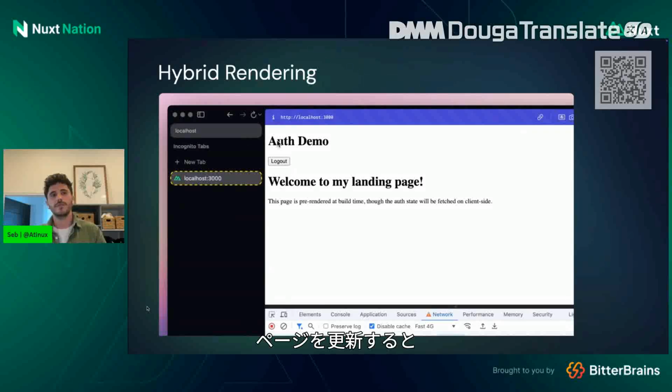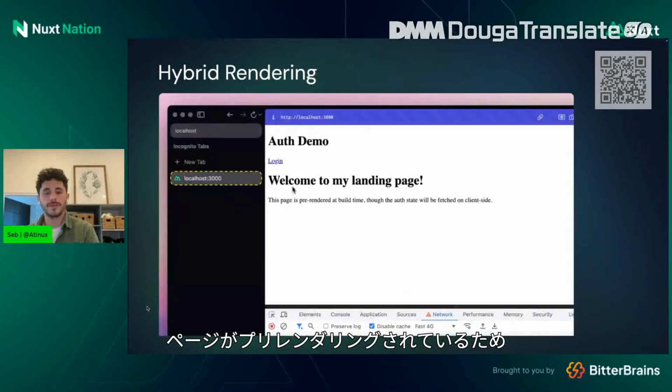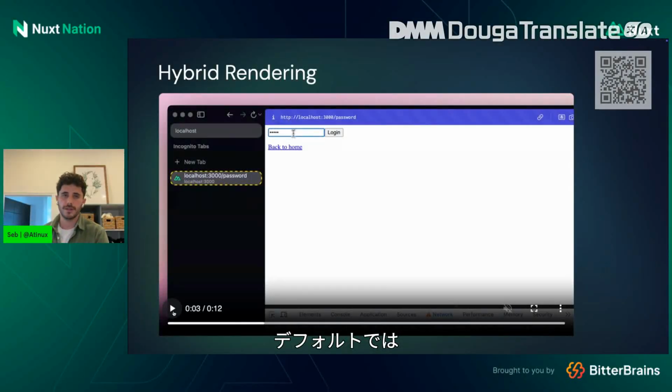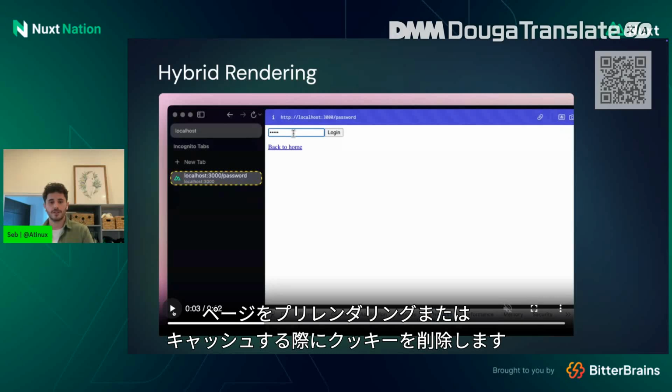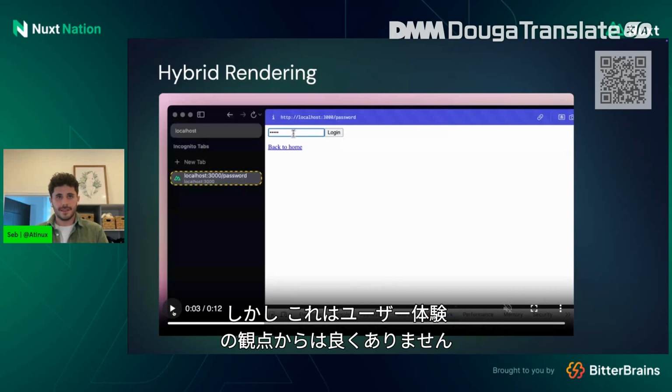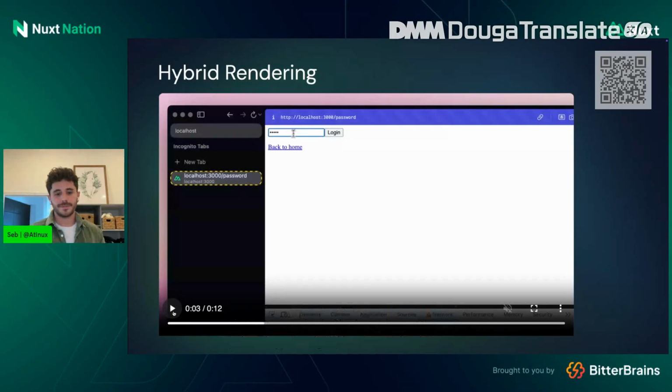If I refresh, we can see that because the page was pre-rendered, it didn't know about the auth state. So by default, when you pre-render the page or you cache them, we remove the cookies. So it will always be in an unauthenticated state, thankfully.